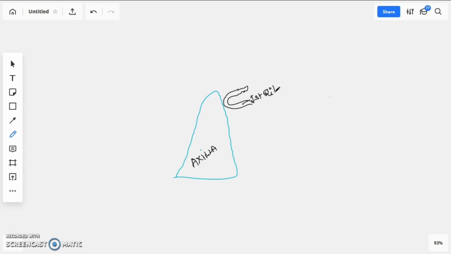And now we have to talk about the anterior wall. The anterior wall is formed by the clavicle. As you already know, the clavicle bone is present in the upper part. So this is the bone which is going to form the anterior wall of the apex of the axilla. Now we have another bone in the posterior aspect, and that is the scapula, which is present in the posterior most aspect.